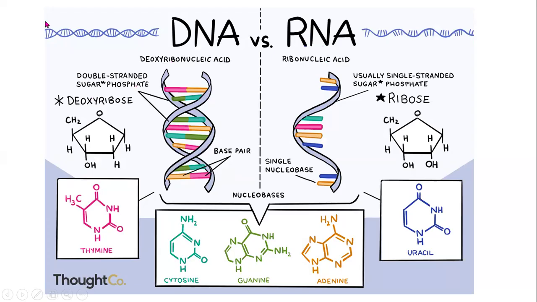While in RNA, you have a single-stranded molecule, a single-stranded sugar phosphate, and the pentose sugar is ribose. So they have cytosine, guanine, and adenine in common, but in DNA, you have thymine being the fourth nitrogenous base, while in RNA, you have uracil replacing thymine.